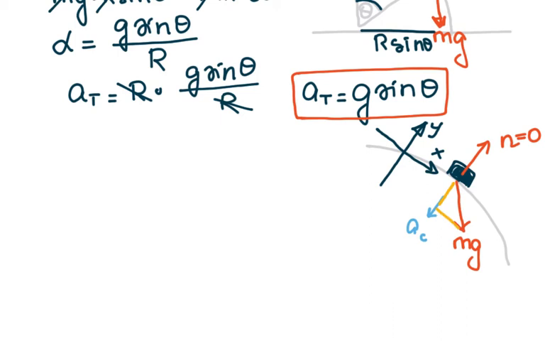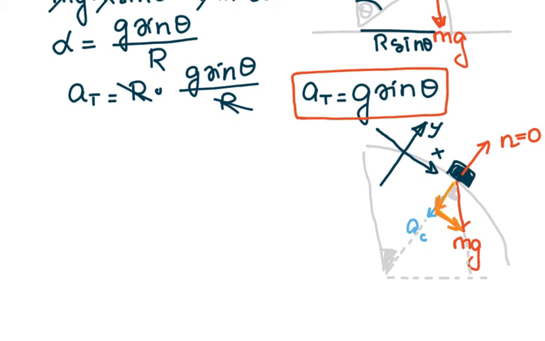So if I prolong it to the center, right here again, so that is your angle theta, because this was angle theta. And this is angle theta. So I have this part mg sine, and this part is mg cosine.